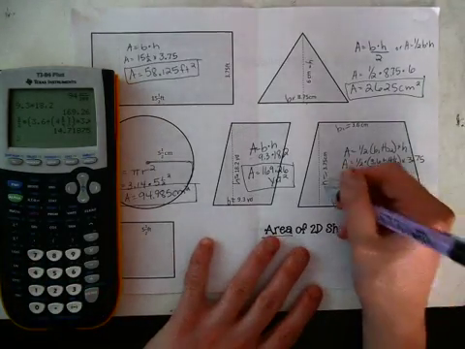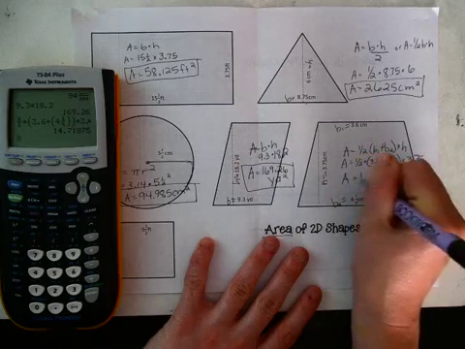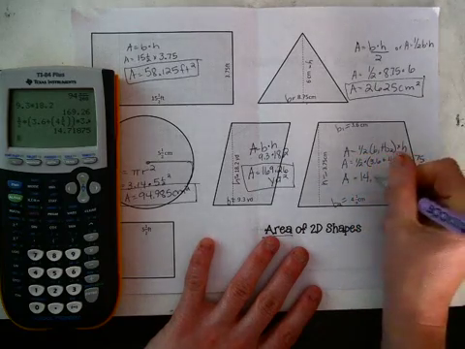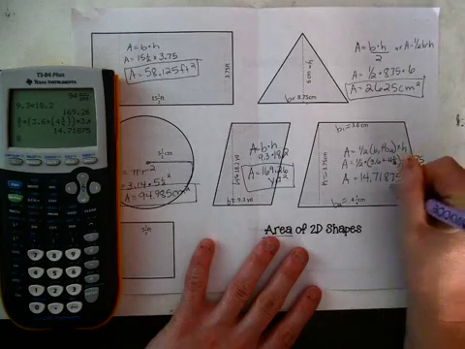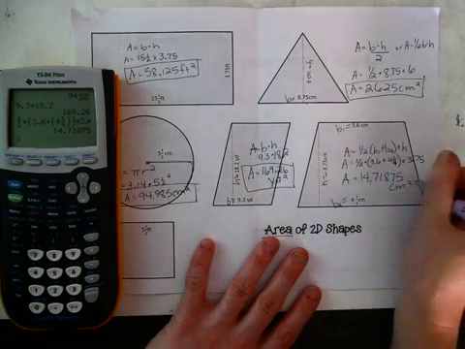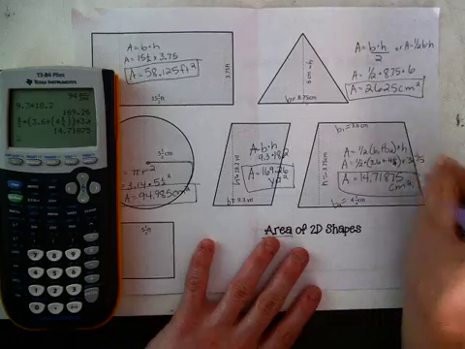Type that long thing in, and you get A equals 14.71875 centimeters squared. Okay?